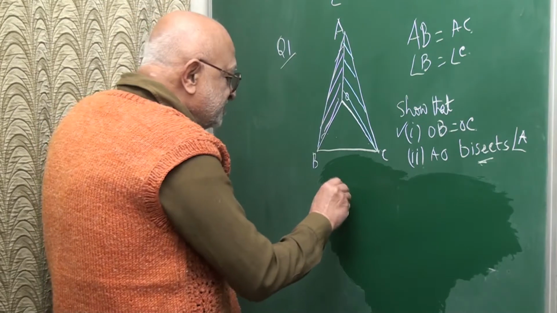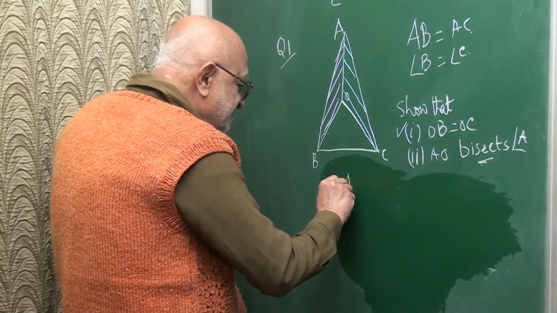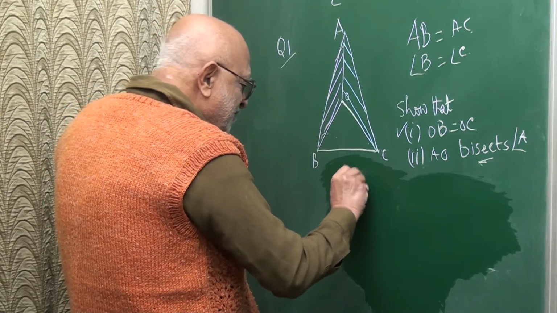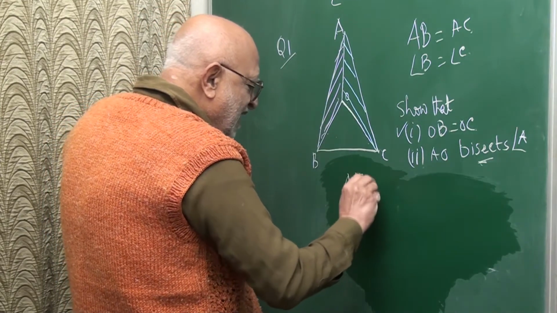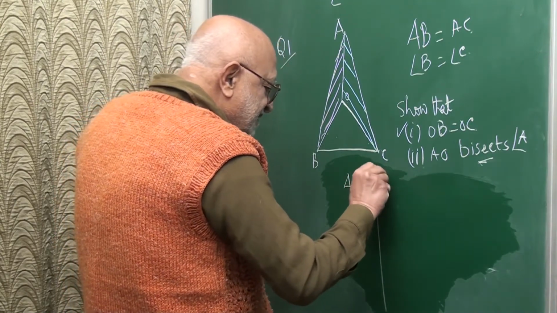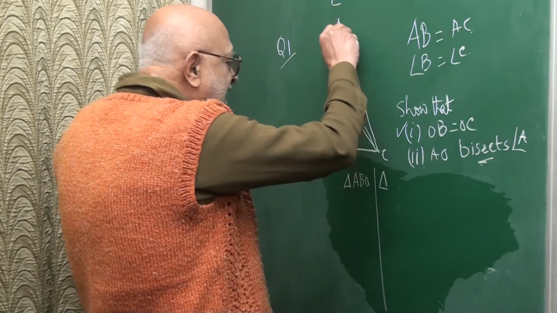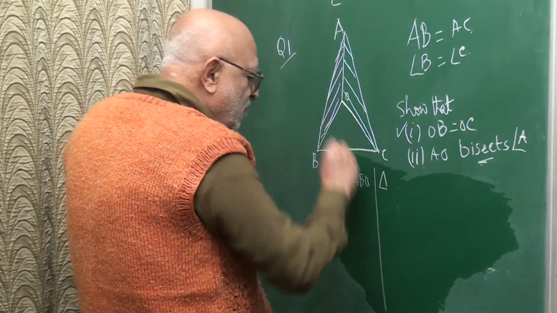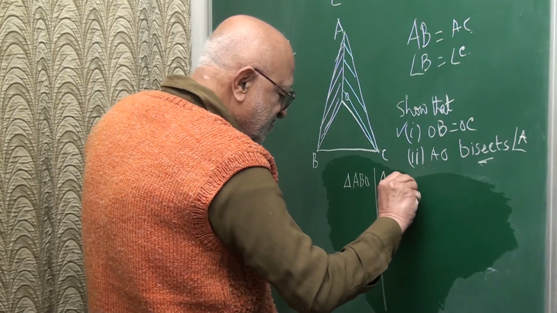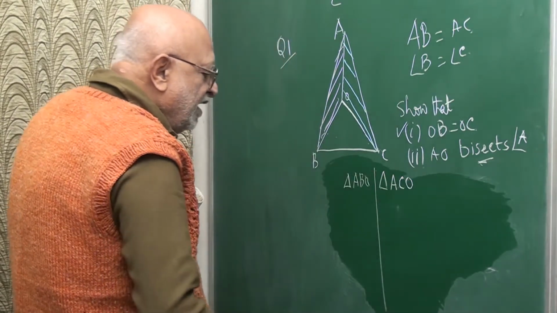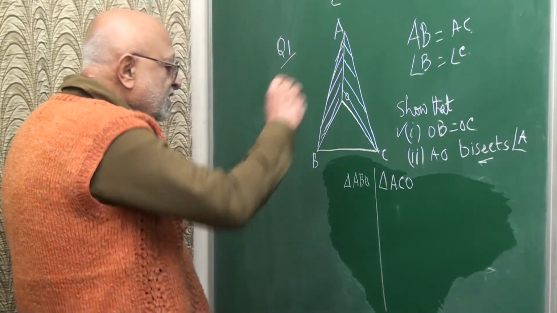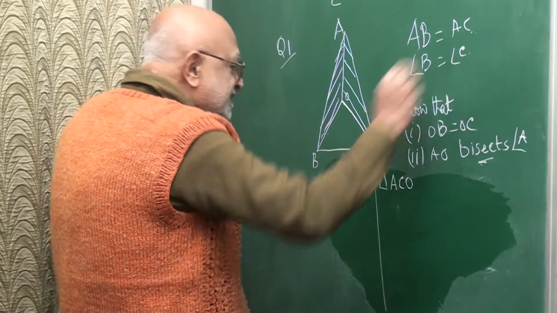Now let's see what happens. We start with triangle ABO and triangle ACO. Let's see what we have got. AB equal to AC.